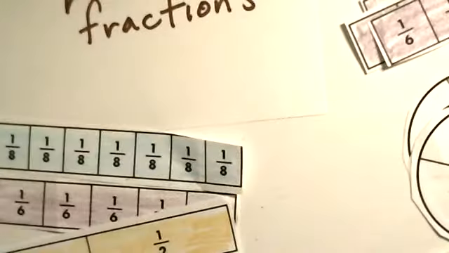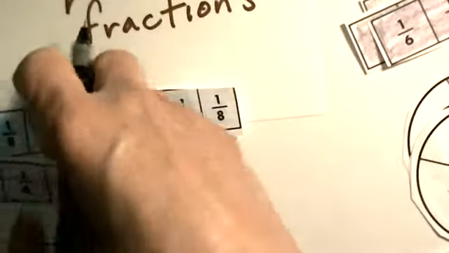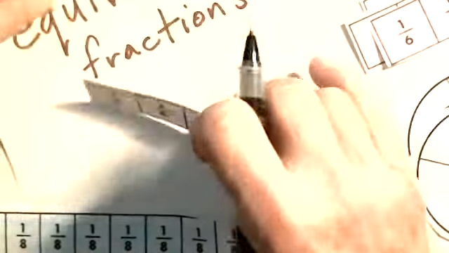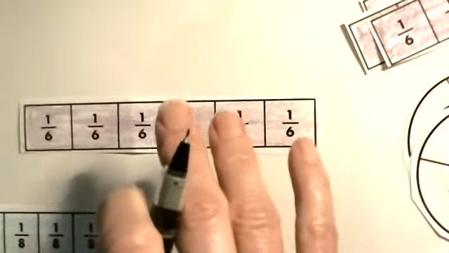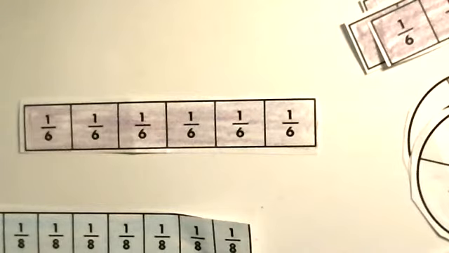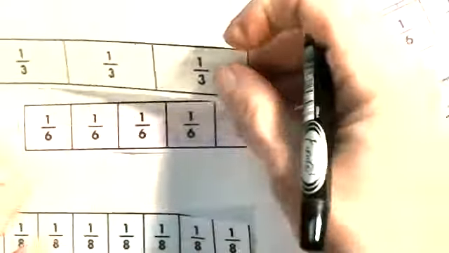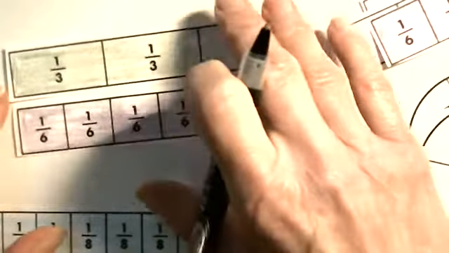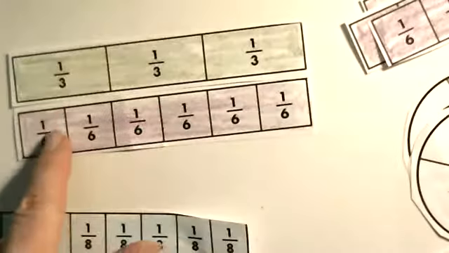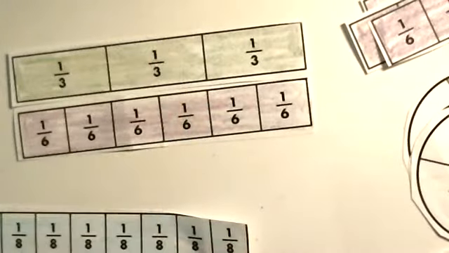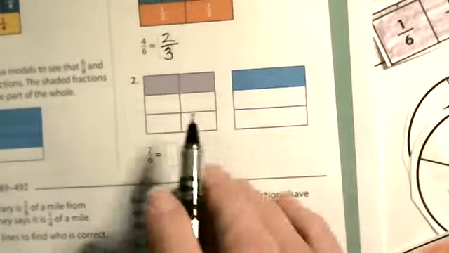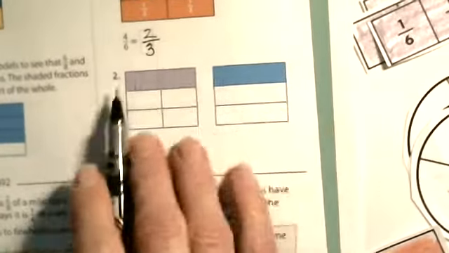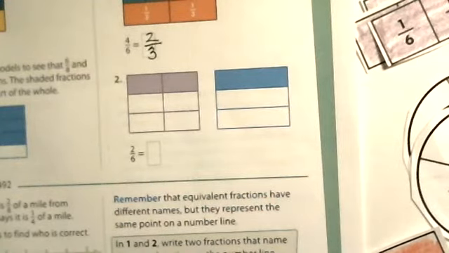So I'm going to look at that on mine since I have all my fraction strips out here. Okay, so 4/6 and 2/3. They're equivalent. And they have down here two different models.